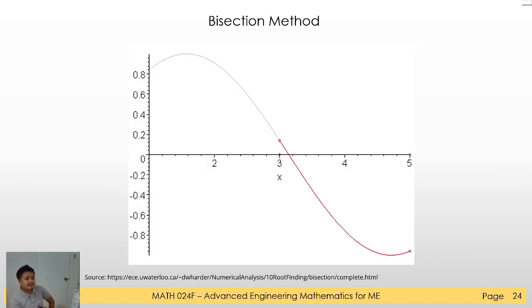So let's say you have a given function, and you can continue to halve your intervals until you arrive at a given point. Let's say this is your two brackets. You keep this in half, and then this will be your new solution, and then you do this again. So you keep on going until you get the final solution, and as you can see here, it will converge to this true solution.